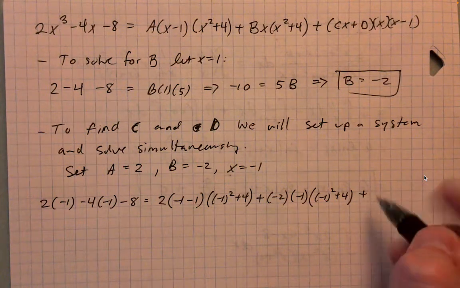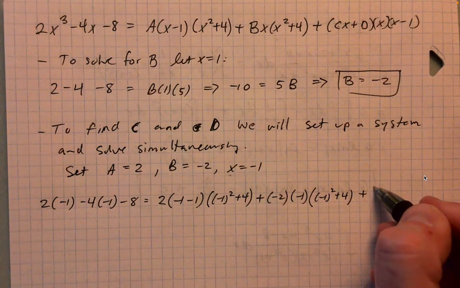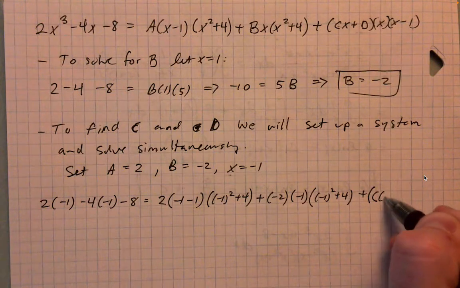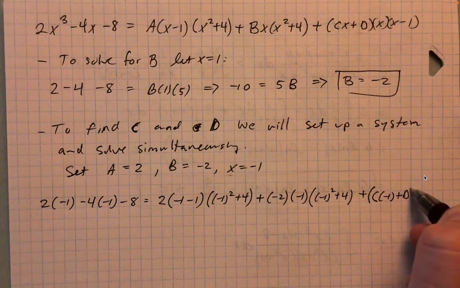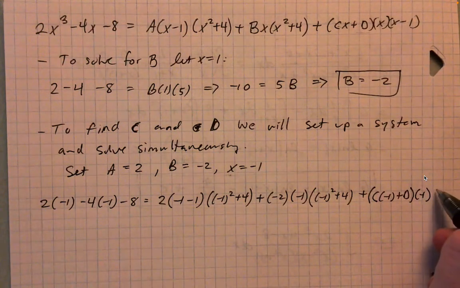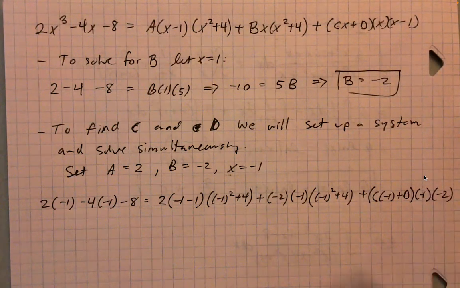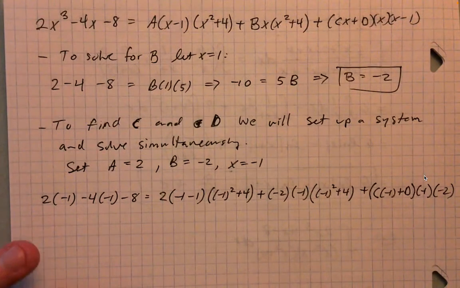And then we've got the c and d plus, and so this will be c times negative 1 plus d times negative 1 times negative 2. Okay, so kind of did a lot there. Hopefully we didn't lose anything.